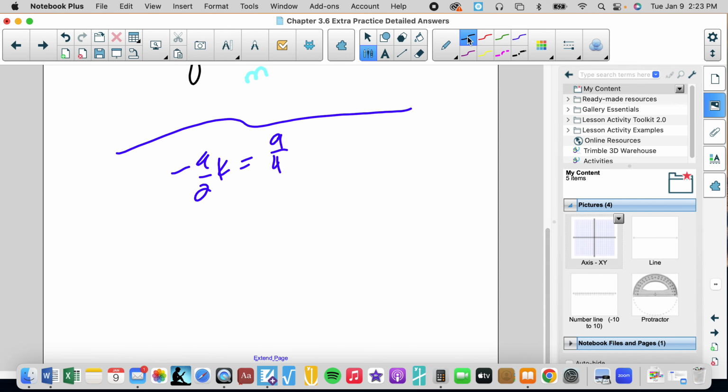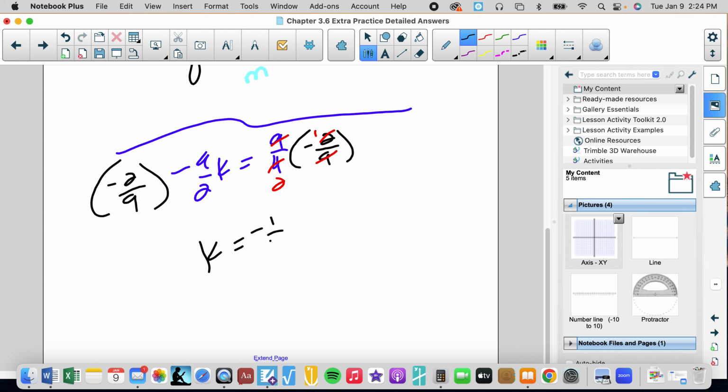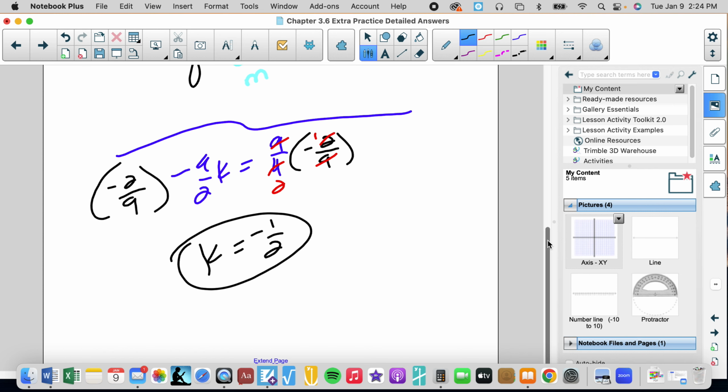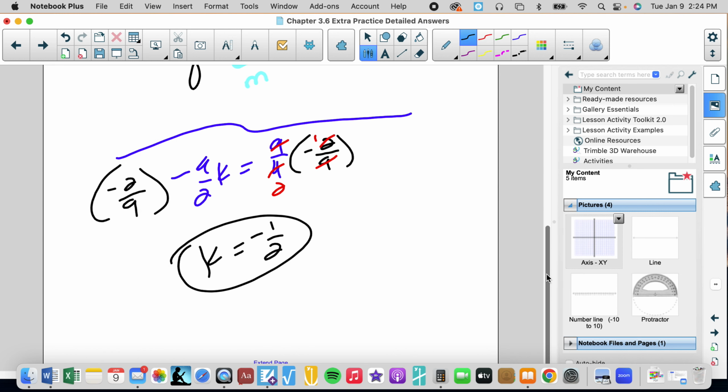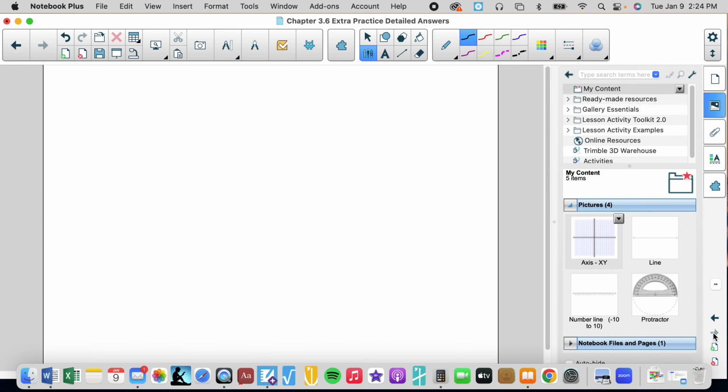I'm going to multiply by the reciprocal, which is negative 2/9. Guess what's going to happen? That's going to cancel. And you get k equals negative 1/2. So for the graph of the equation to have a slope of 9/4, k needs to equal negative 1/2. Another great problem.